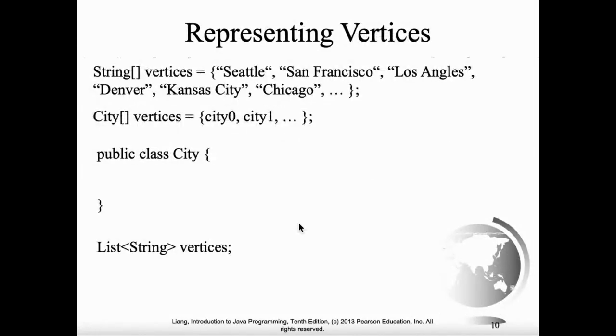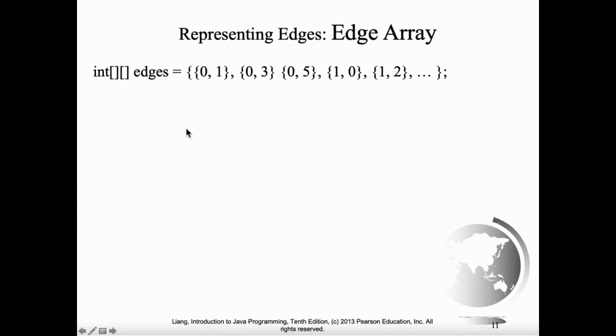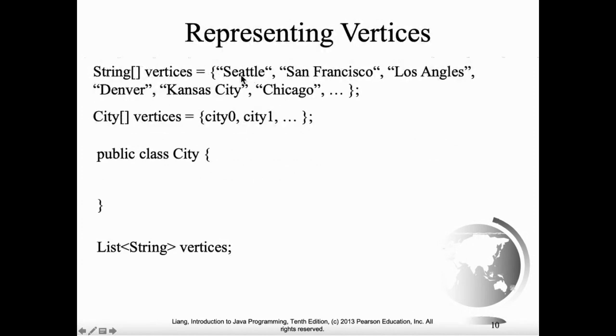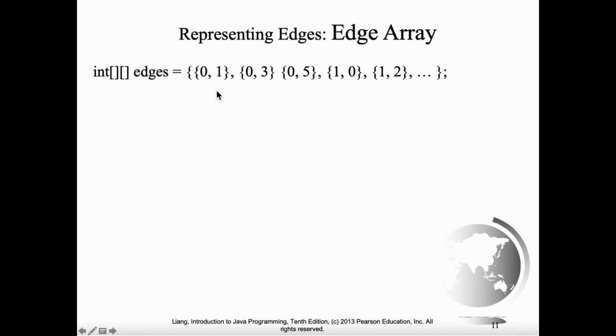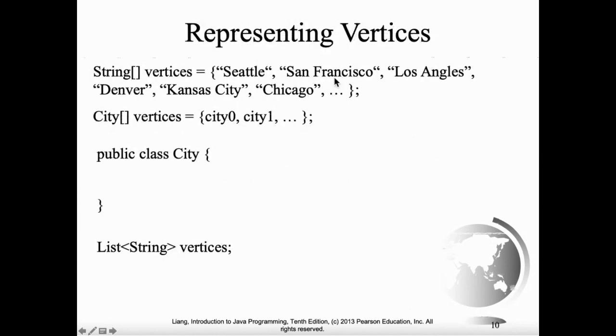So let's see how we're going to use each of those representations and which one is going to be better. This is when we're using the array of vertices. We're showing a string array of all of the vertices that we have, and then we have to somehow show the edges. So we have an array of edges to show that vertex number 0, the index of Seattle, is connected to 1, which is San Francisco, and so on.